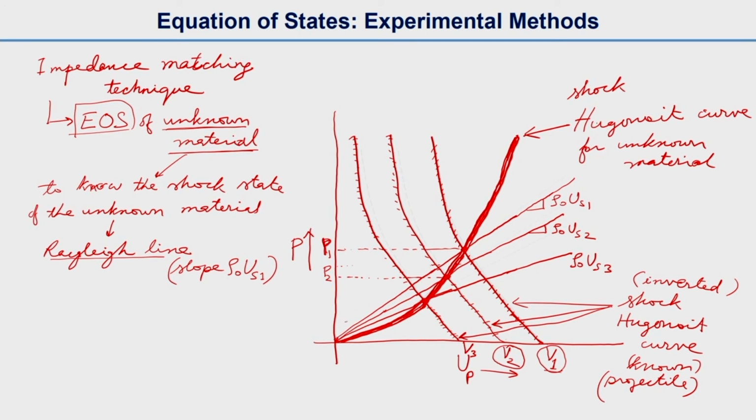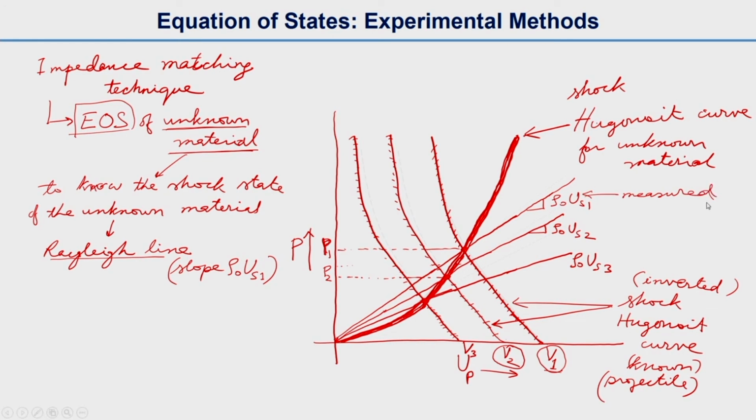Now what we did is we drew three straight lines corresponding to each of these impact velocities with a slope of density multiplied by US. That means the shock wave velocity can be measured, and we know that densities can be measured anyway.